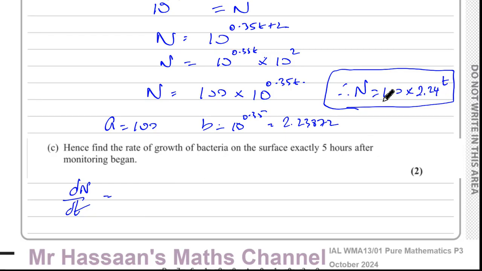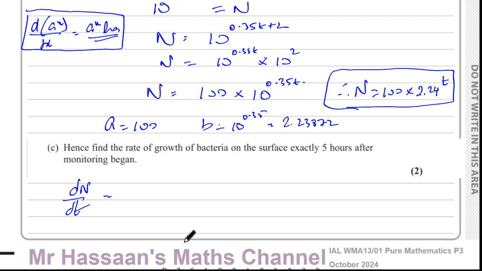When you differentiate something like this, it's something to the power of t. If you differentiate a to the power of x with respect to x, then you have a to the power of x times ln a. That is the rule we should know about differentiating exponential functions.